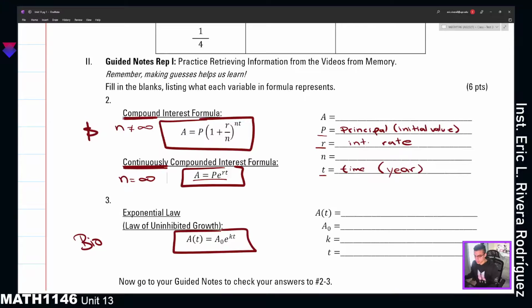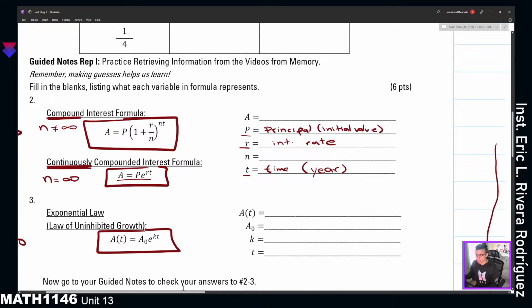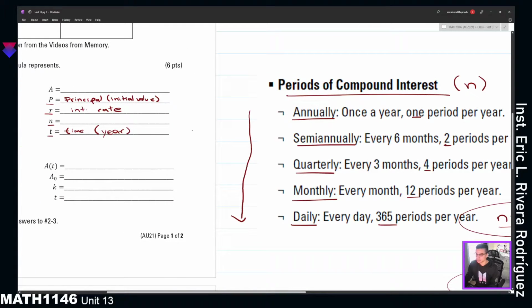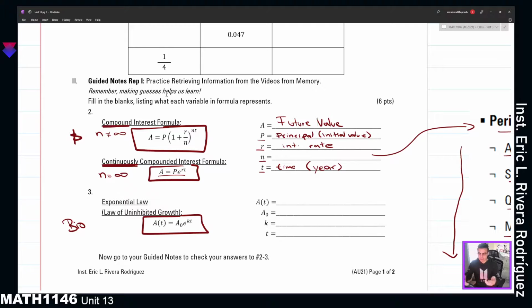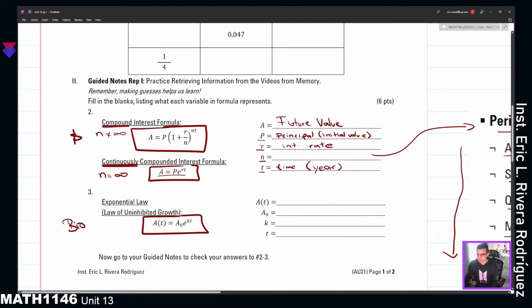So we know why we have two now, and n will be the number of periods of compound interest, right? And A will be the future value, or the amount of money that you are going to gain if you are investing after a certain amount of time, right?